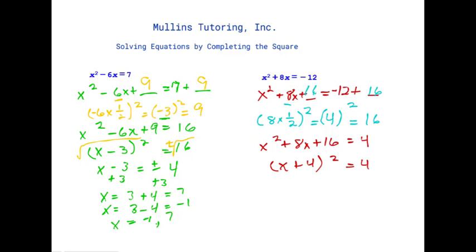We're going to find the square root of both sides, and it's going to be plus or minus, because any squared number can be plus or minus.